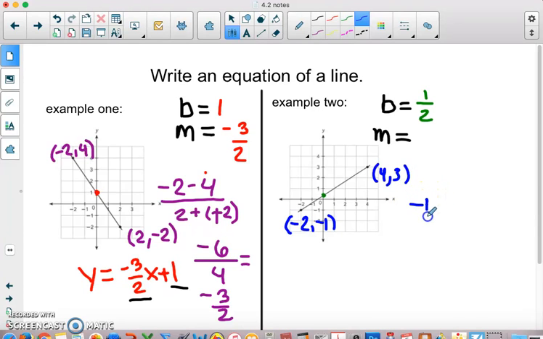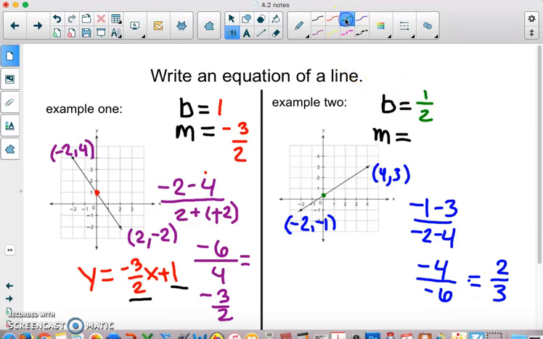So -1 minus 3 over -2 minus 4. -1 minus 3 is -4 over -2 minus 4 is -6. Simplify to 2/3. So our slope is 2/3.